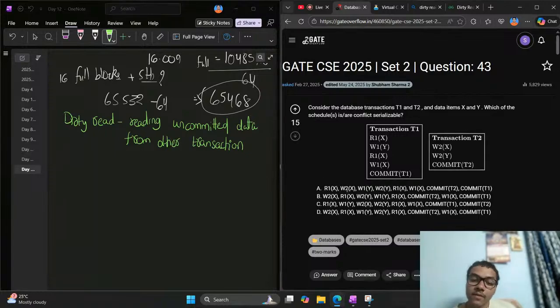You wrote x, so R1 should not read x. So it read x before committing. So it is not conflict serializable. You wrote x and you should not read x. Okay, R1x.